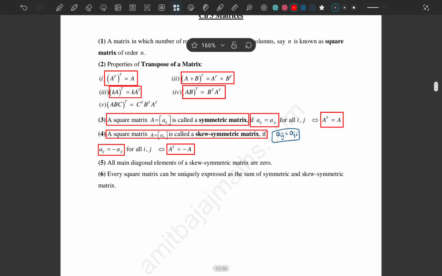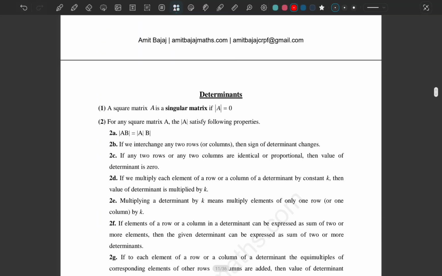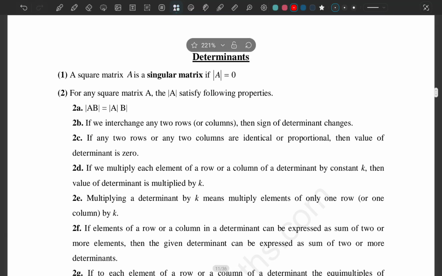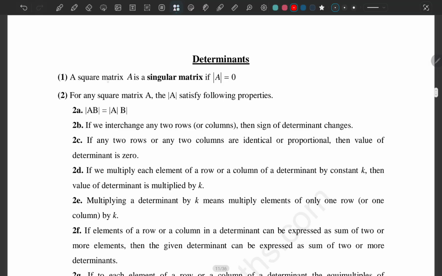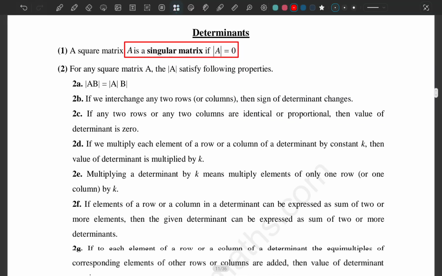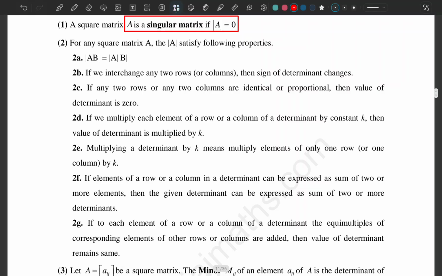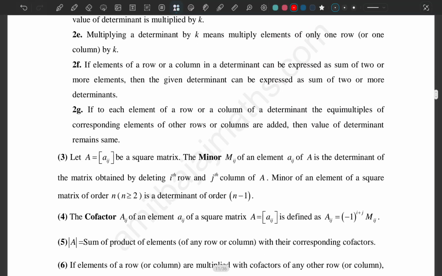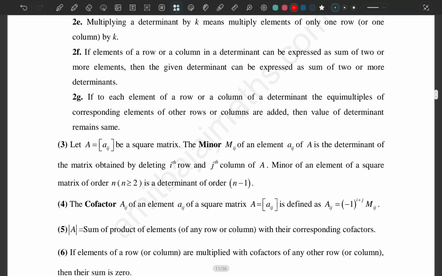That's it. The rest of the things will be seen in the next chapter, that is determinants. A square matrix is a singular matrix if its determinant is 0. Then you have to understand that this is a singular matrix.